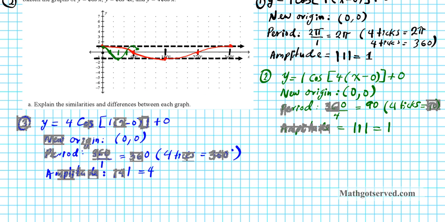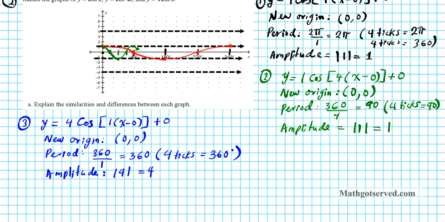Our maximum is going to be at 4 this time because of the amplitude of 4. And our minimum is going to be at negative 4. Calibration will be the same as the first graph we drew, function number 1. So 4 tick marks, 1, 2, 3, 4, 4 tick marks being equal to 360 degrees, as we can see here.